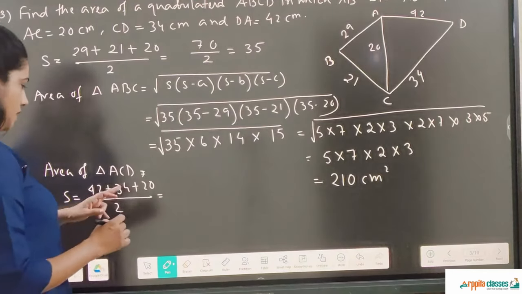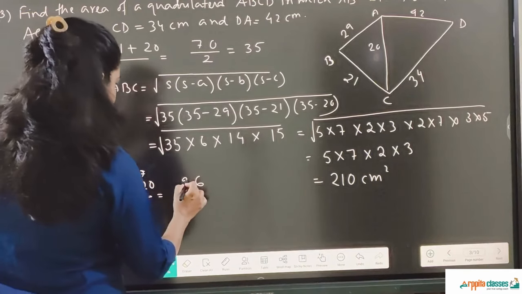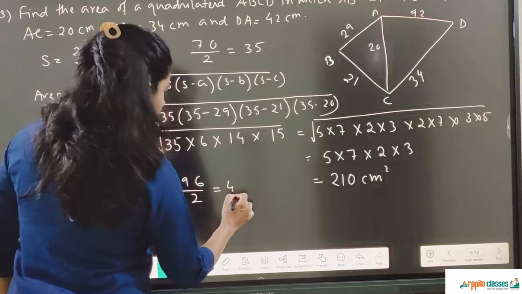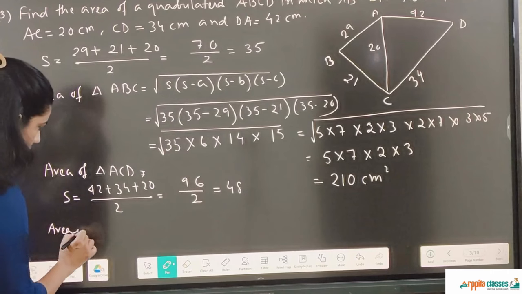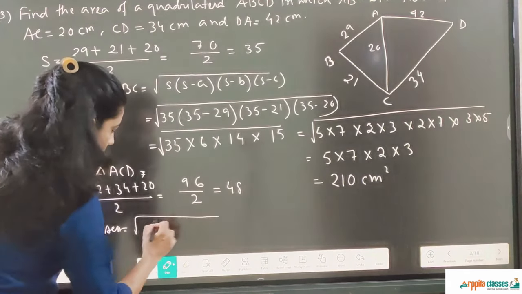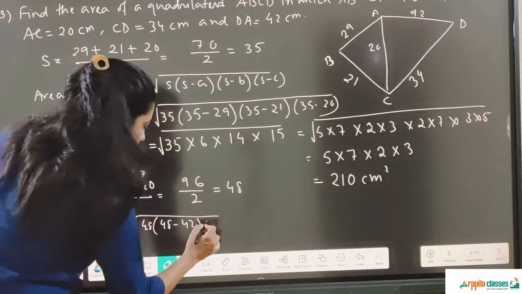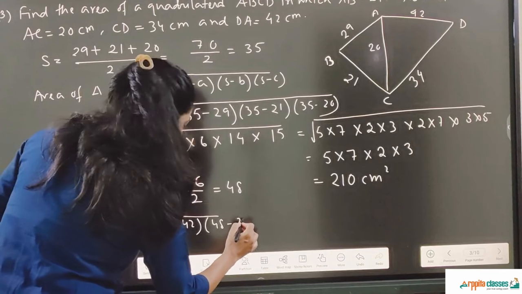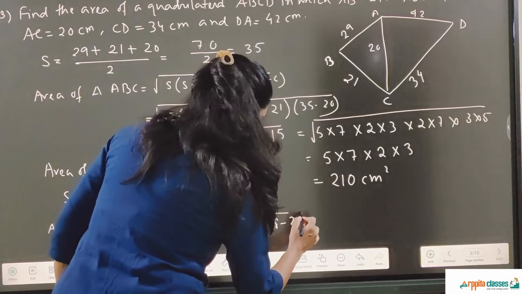So that gives me 96 upon 2, that is 48. So area of triangle ACD is equal to, now your S is 48, so this is 48 minus 42, 48 minus 34 and 48 minus 20.